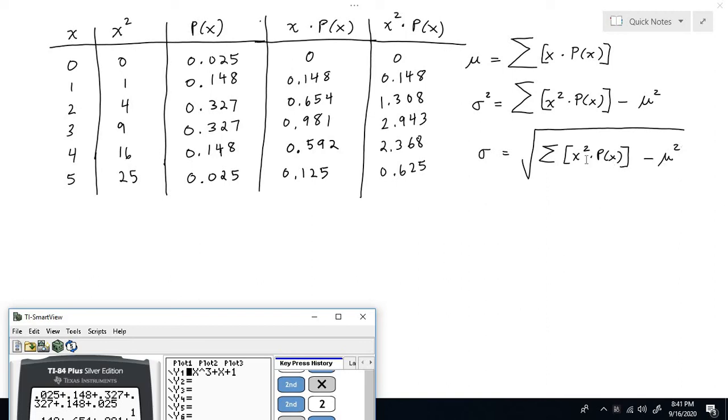So in this formula, we have to sum up, that's what this sigma symbol means, the values of x squared times p for each x value. And then when we're done doing that, we have to subtract off the mean squared, which we already found, right? That's 2.5. And then whatever that number is, we take the square root of it, and that will be the standard deviation for the probability distribution. And we denote the standard deviation by this symbol sigma.